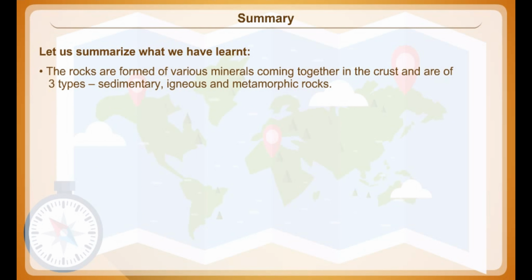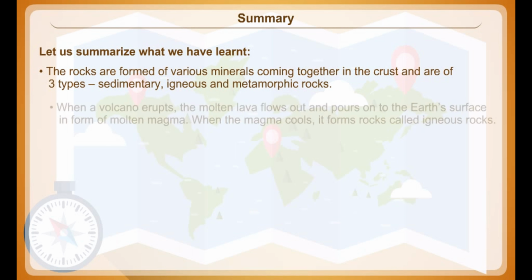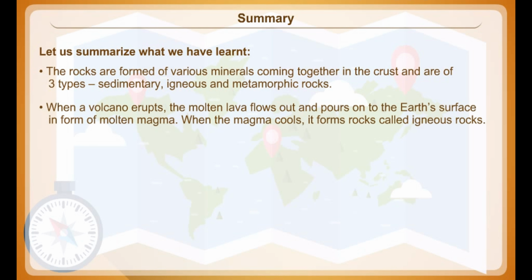The rocks are formed of various minerals coming together in the crust and are of three types: sedimentary, igneous, and metamorphic rocks. When a volcano erupts, the molten lava flows out and pours onto the Earth's surface in form of molten magma. When the magma cools, it forms rocks called igneous rocks.